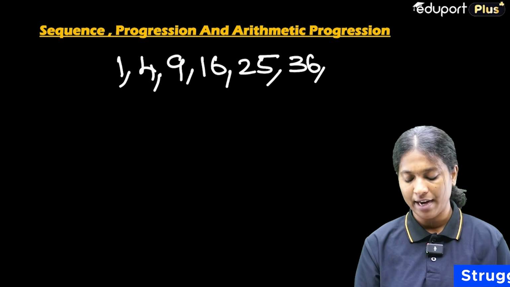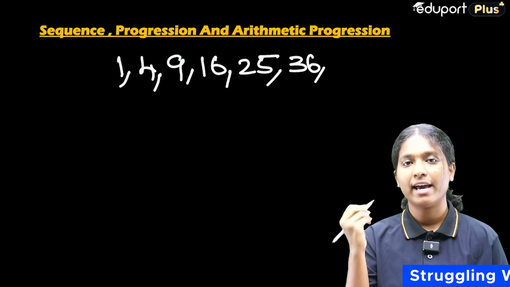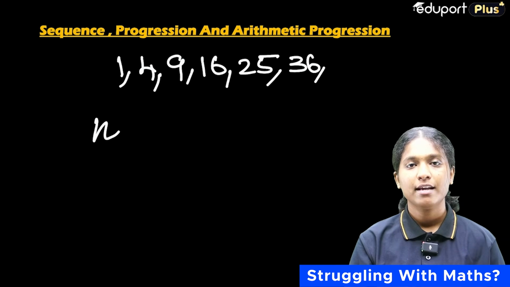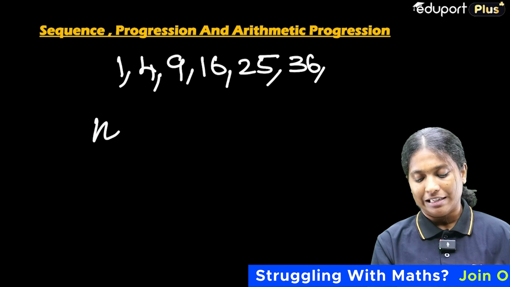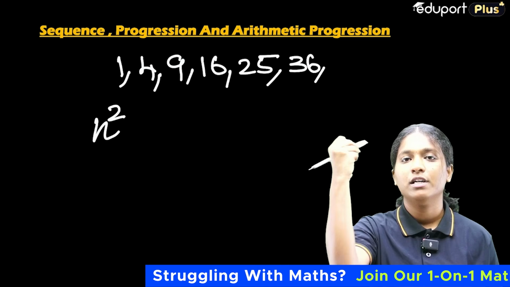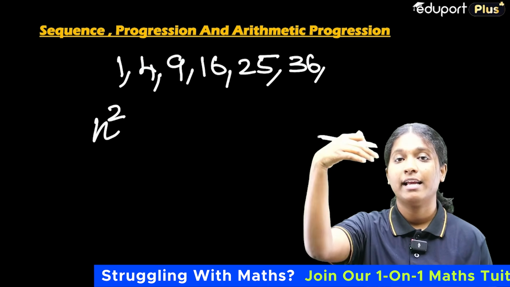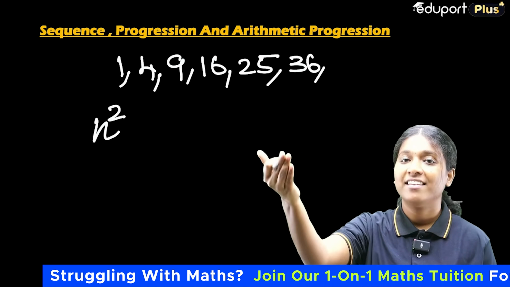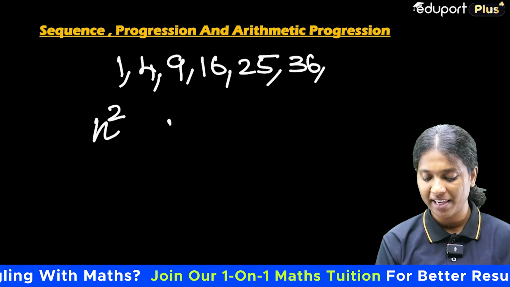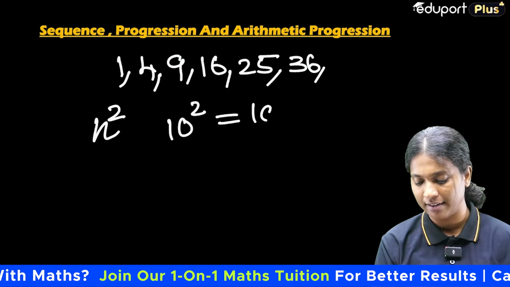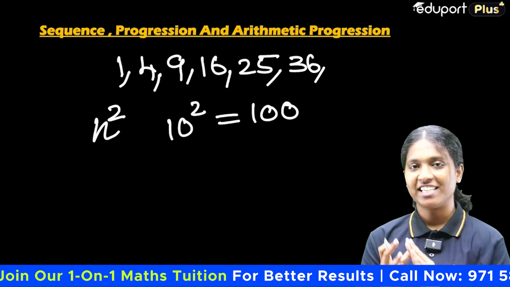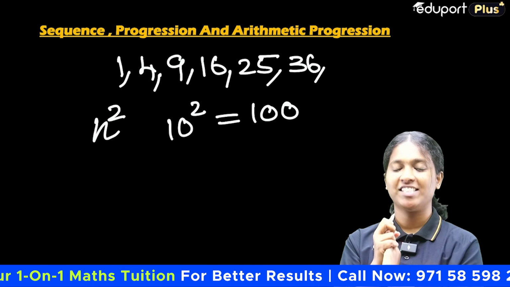These are square numbers, so we can give the position as n, and the term is n square. What if the question asks what the 10th term is? Then you will get 10 square, which is 100. This is very simple. So progression means a highly structured sequence.